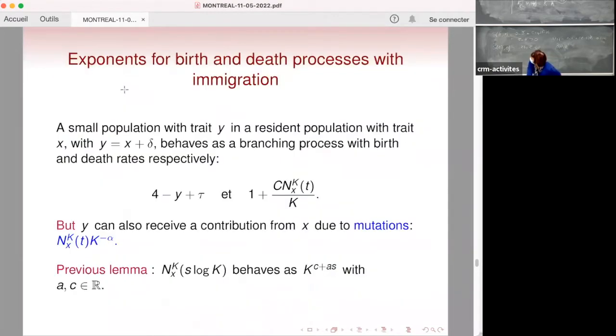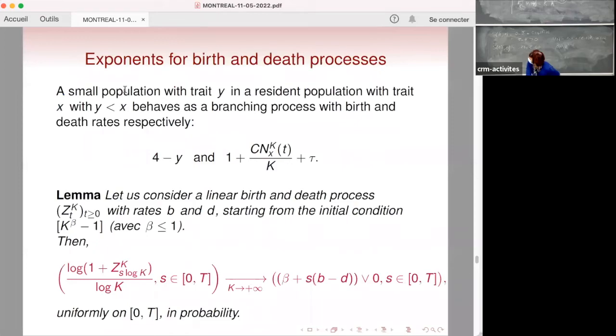At the beginning we have 1 minus 2 alpha, plus tau, which is negative, so plus minus 2 delta s.